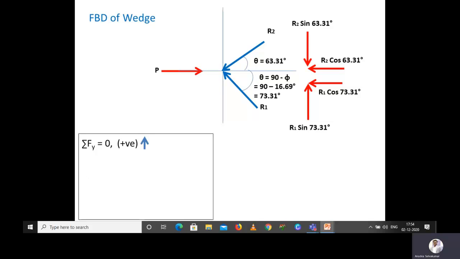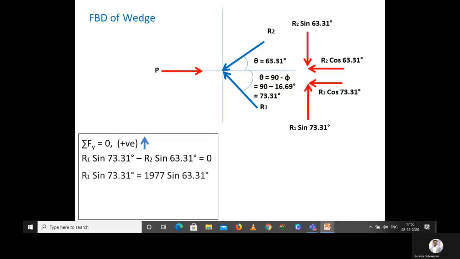You can see that two forces are acting vertically: one is R1 sin 73.31 degree acting upward, and the other is R2 sin 63.31 degree acting downward. So upward is positive, R1 sin 73.31 degree is positive, and R2 sin 63.31 degree is negative. We can write R1 sin 73.31 degree minus R2 sin 63.31 degree is equal to 0.